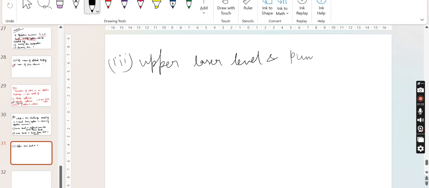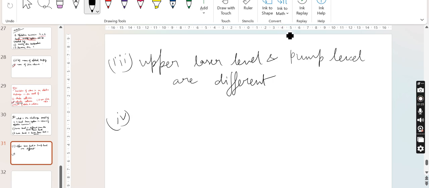Fourth, the upper level does not readily de-excite to the pump level.